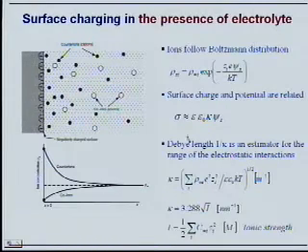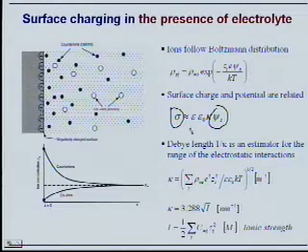Now, we derived the following relation between the charge and the potential of the surface. The surface charge is related to the surface potential by the permittivity of the medium and this constant here, kappa. Actually, it is the inverse Debye length.